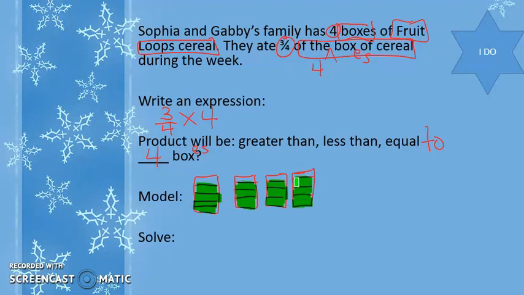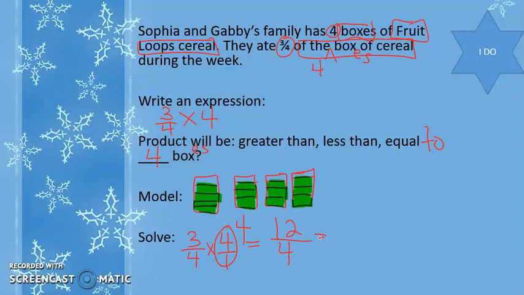And then if we would like to solve using standard algorithm, then we would do 3/4 times 4. And we can place this over 1 if that helps you. If not, you can leave it and just know that you're going to multiply your whole number 4, that would be right here, by your numerator. And 3 times 4 equals 12. 4 times 1 equals 4.